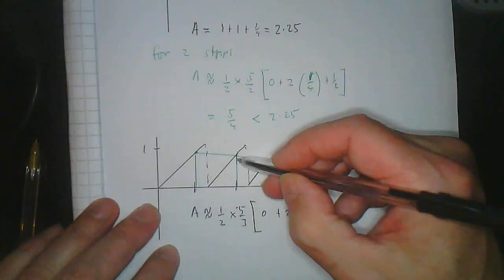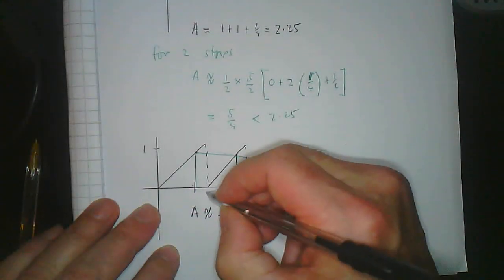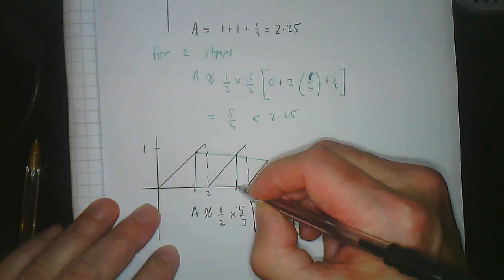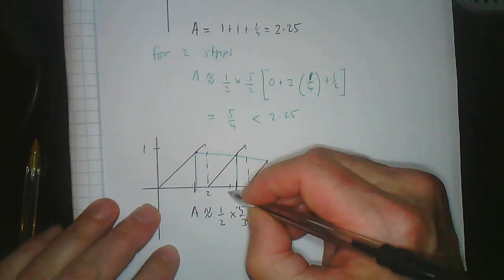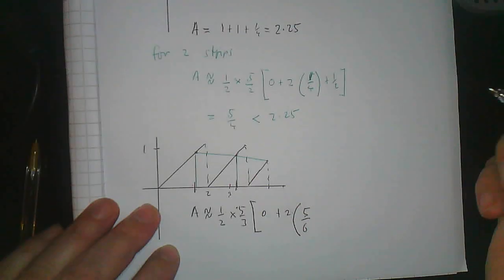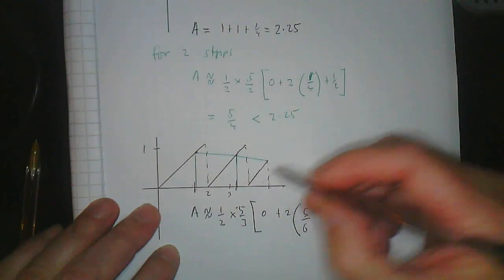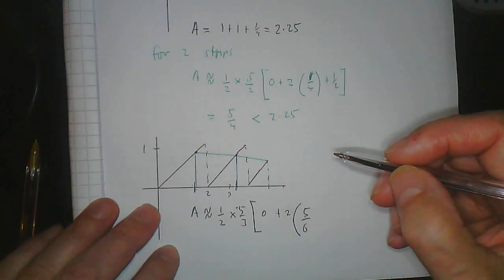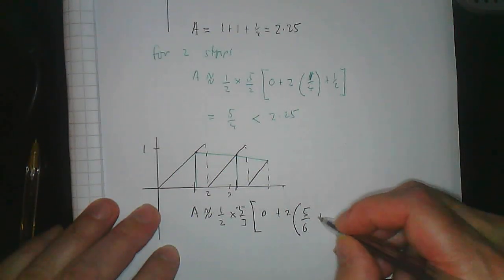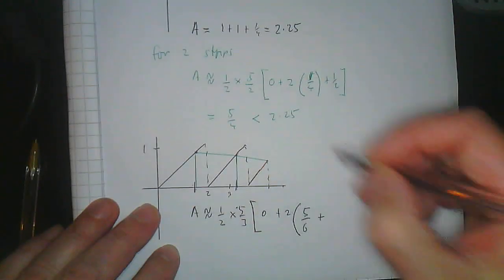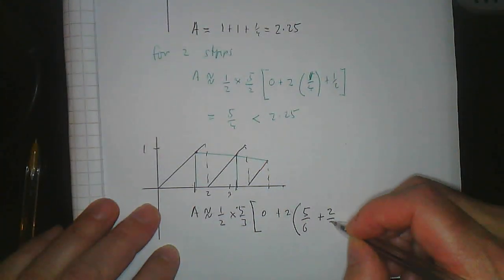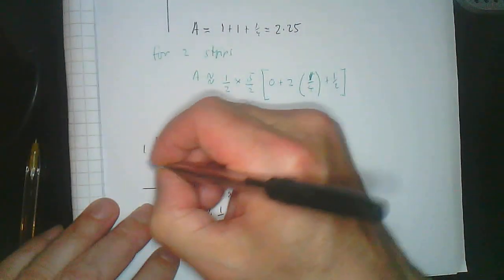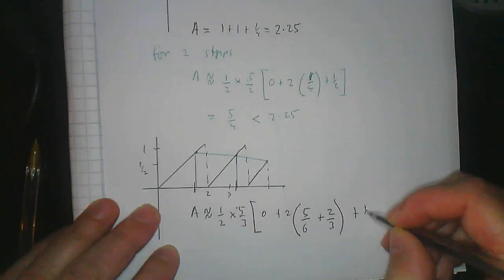The second one, if this is 2, 3 is here, and it's 1/3 more than 3. So it's 1 1/3. 1 1/3 is 4/3, but we only want half of that because that's the function. So it's 2/3. And then finally, the last one again is a half. So that's a half here.